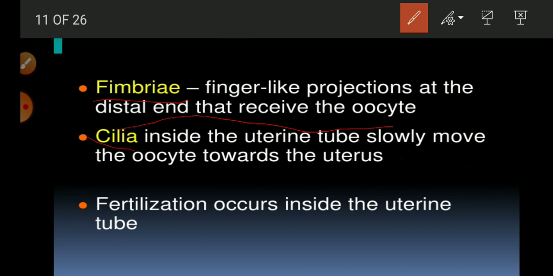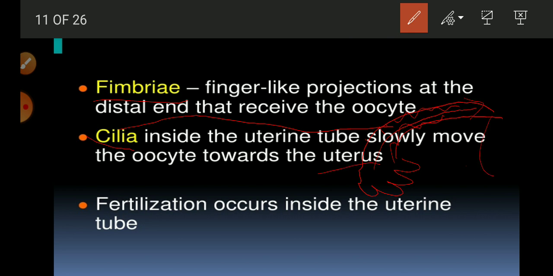This is the fallopian tube, and it has small ciliary structures inside which keep the movement of the oocyte slow. So it waits for fertilization and the entering of the sperm, and then the oocyte moves slowly into the uterus.